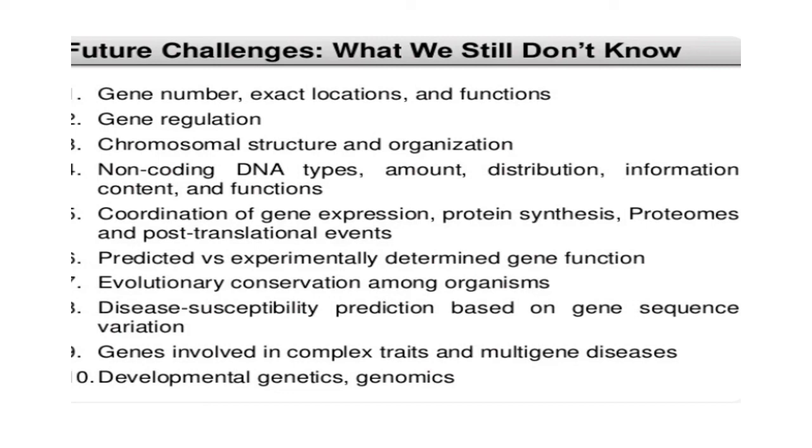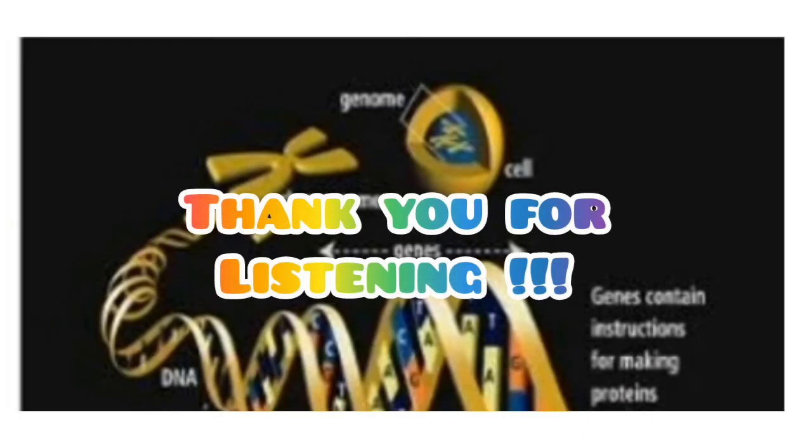Number 7, evolutionary conservation among organisms. Number 8, disease susceptibility prediction based on gene sequence variation. Number 9, genes involved in complex traits and multigene diseases. And last, developmental genomics. That is all the future challenges that we still don't know. And that is all about the Human Genome Project. Good morning, and thank you for listening.